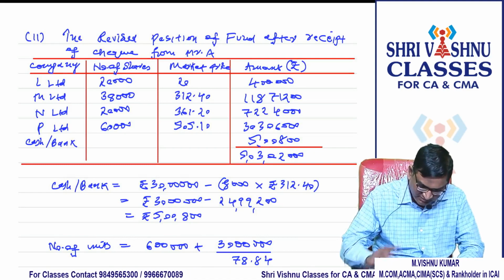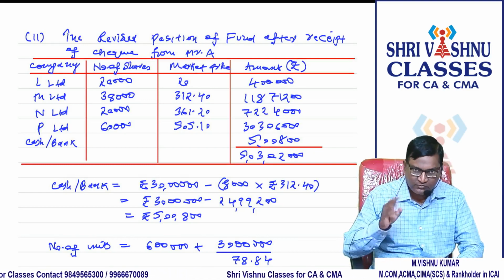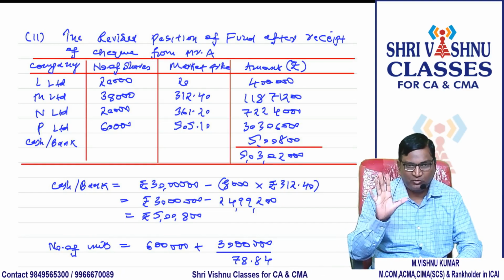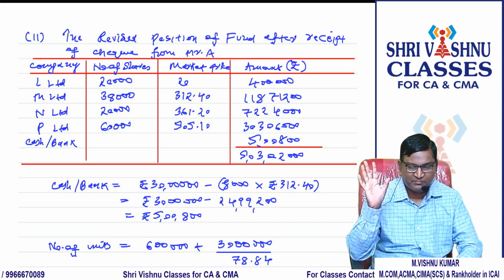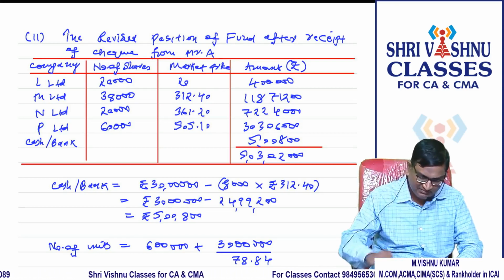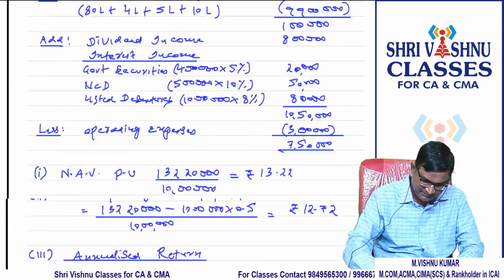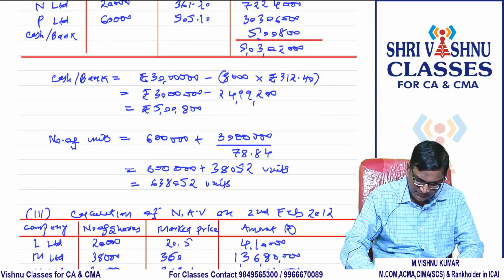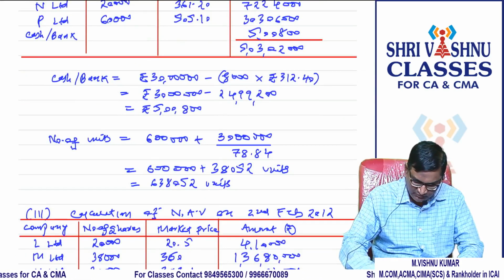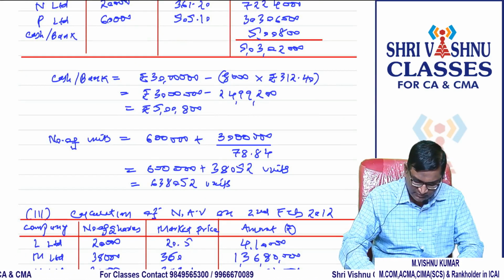Mr. Ramesh has given a 30 lakh rupees check. So the mutual fund company will give the units or not? On the date he gave it, what was the NAV? 78.84. So 30 lakh rupees divided by 78.84, he will get 38,052 units.